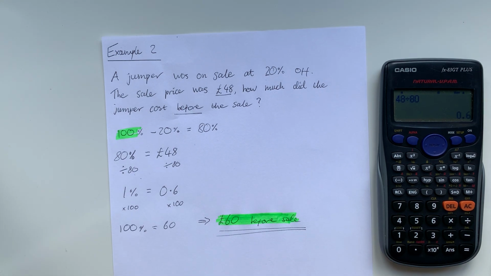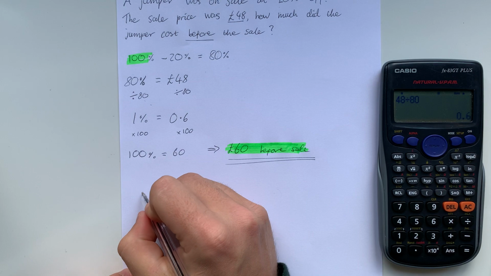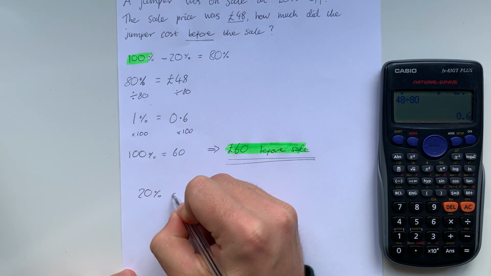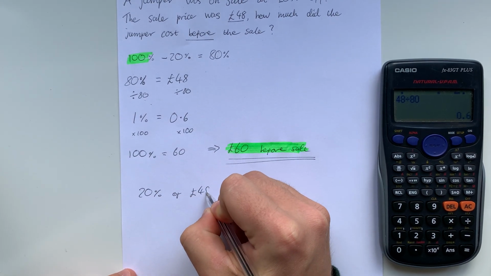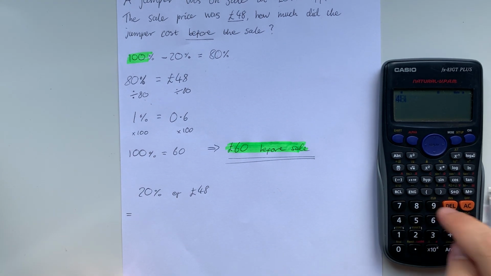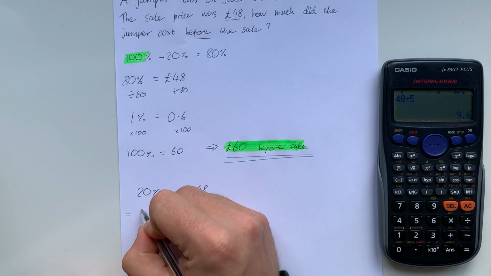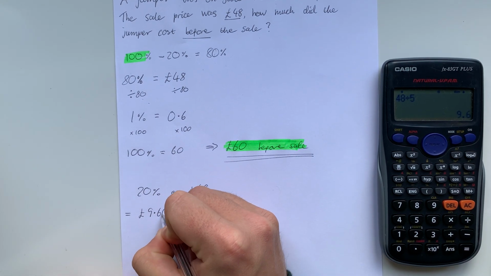Well, it doesn't work, because if we've got 20% off and it's £48, if you do 20% of £48, well, 20% is 1/5. So if you do 48 divided by 5, it's 9.6, or in other words, £9.60.